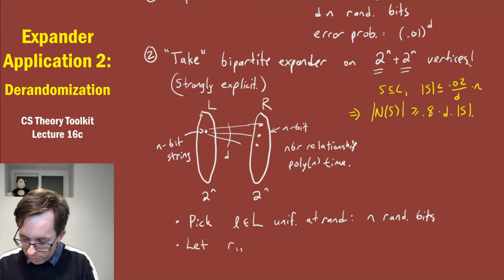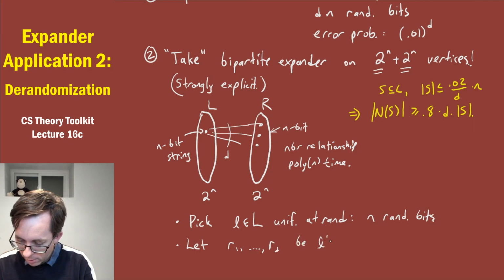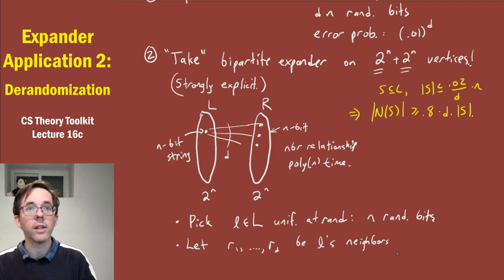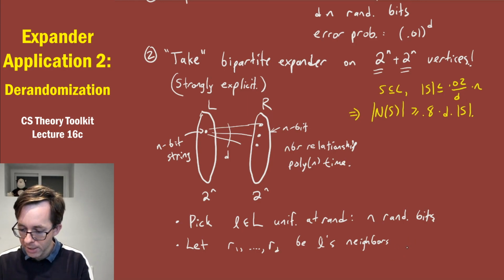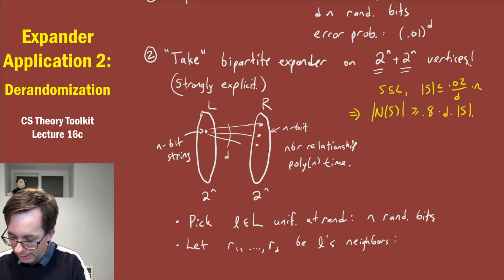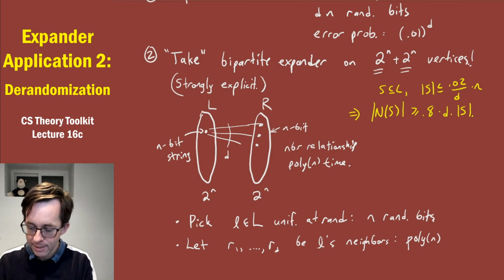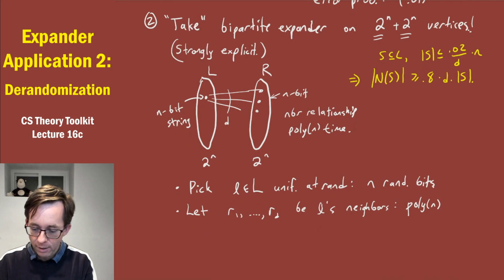Let R1 through RD be L's neighbors. These are right-hand side vertices, which are also named by n-bit strings. And by the strongly explicit aspect of these bipartite graphs, where you can compute this neighborhood relationship in poly n time, this calculation of computing these vertices takes poly n time, which is nice. And now we have D n-bit random strings.